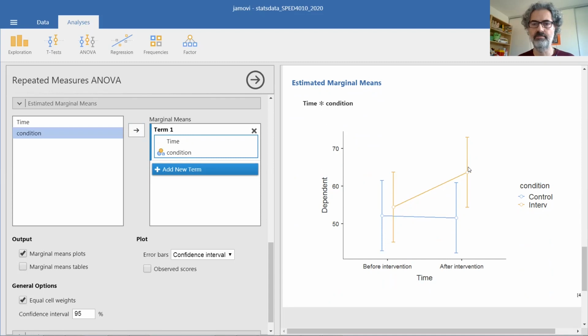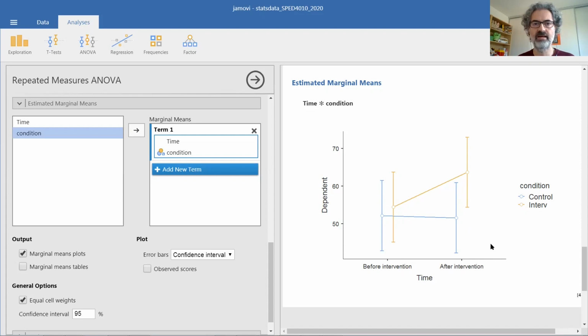This line goes up. So the interaction between the variable time and the variable condition or group is that the difference between groups is not the same at the two times. The difference between the groups is very little before intervention, but much bigger after intervention.